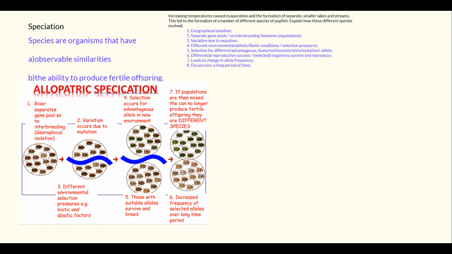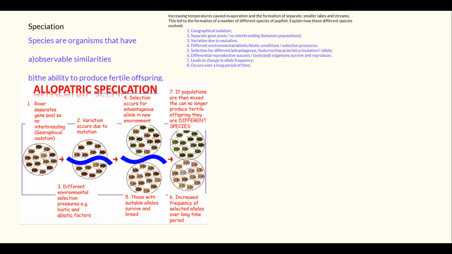Variation occurs due to mutation. There'll be different selection pressures, which means different advantageous alleles will be generated, which will lead to certain organisms being able to survive and reproduce. As they change over many generations, the allele frequency will change.